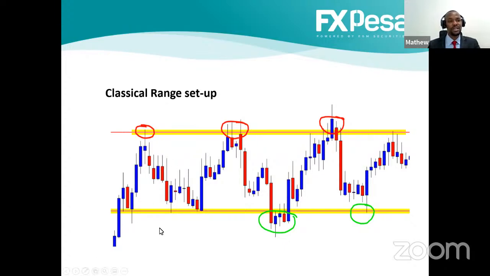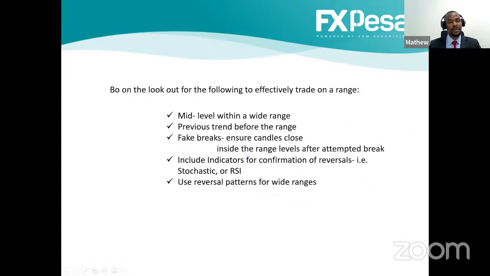In this case, on the lower side is where you have the support levels. On the higher side, or the swing highs, is where you have the resistance areas. So these are the things to be on the lookout for, so you can have an effective plan in trading the ranges.